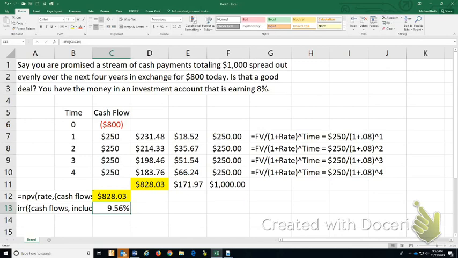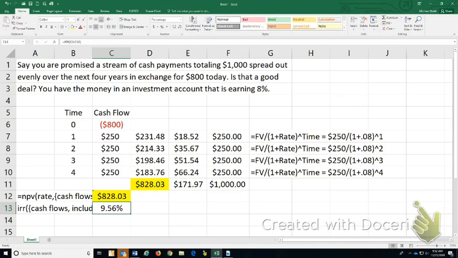This one would be earning 9.56%. So if you took your money and left it sitting in your investment account, you're earning 8%. If you take that money out and invest it here, you're making 9.56%. That would be more. So with a business, what they're looking at is more is better than less. So making this investment would actually generate a higher rate of return than they could doing something else.